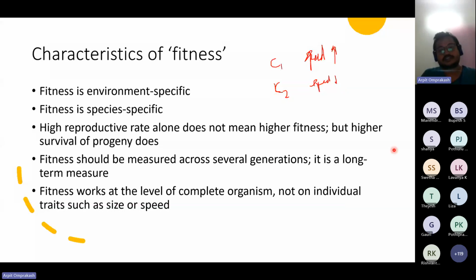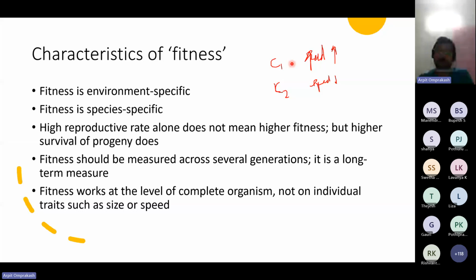So as I was saying, let's say you have two cheetahs. One has a higher speed and one has a lower speed. The first cheetah might be able to catch more prey because it can run faster, whereas the second one might not be able to catch more prey because it's not able to run faster. Does that mean that the fitness of cheetah 1 is higher than the fitness of cheetah 2?